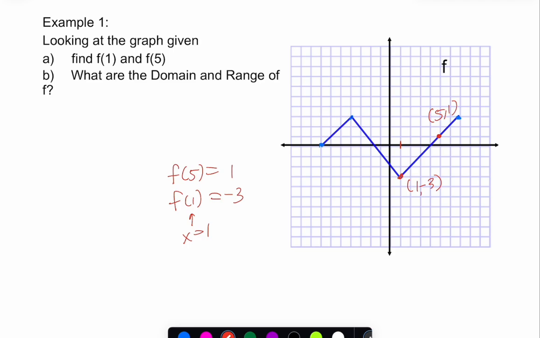So be very careful, don't overthink it. F of 5 is saying, what is the y value when our x value is 5? F of 1 is saying, what is the y value when our x is equal to 1? So again, don't make those more difficult than they have to be. Are we good with A?